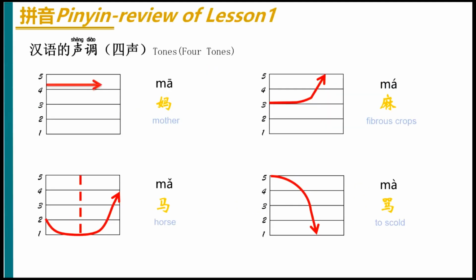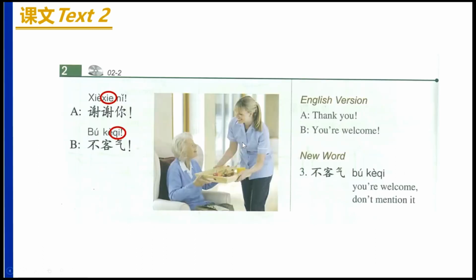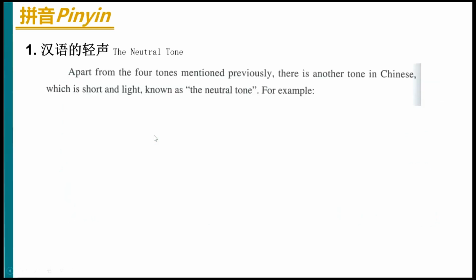Last time, except from 声母 and 韵母, we also learned that we have 4 tones here. 妈, 麻, 马, 骂. And some of you might notice that for some pinyin, there's no tones on the head of it. This is what we call the neutral tone. Apart from the 4 tones we learned previously, there's another tone in Chinese, which is short and light, known as the neutral tone.